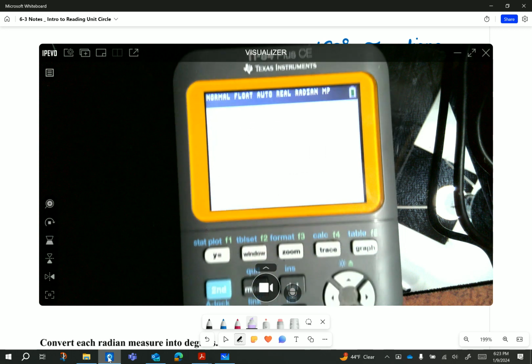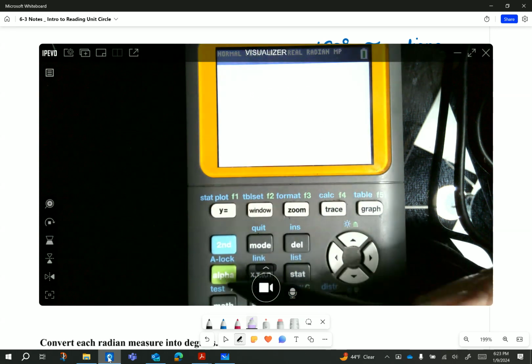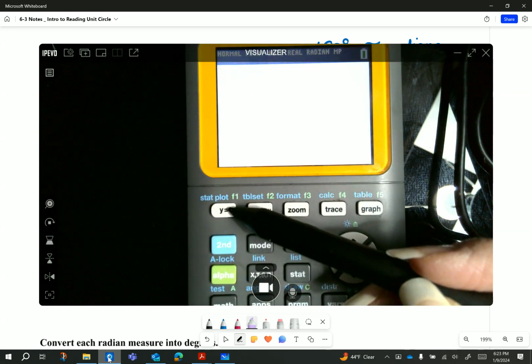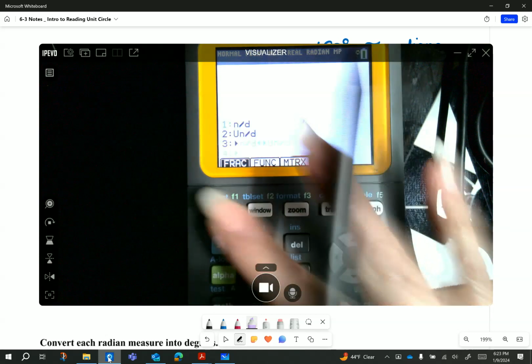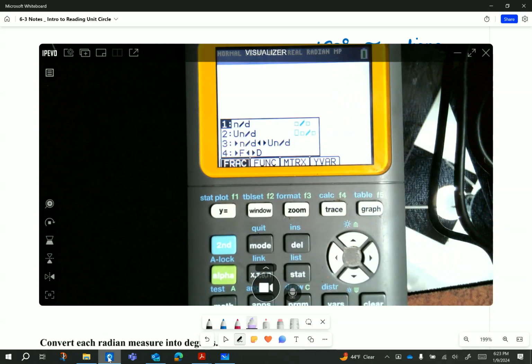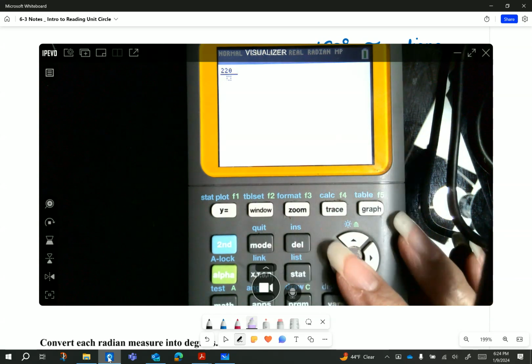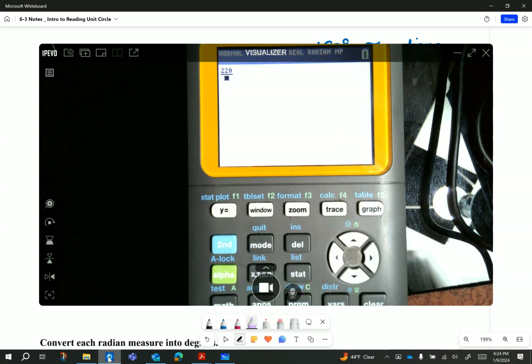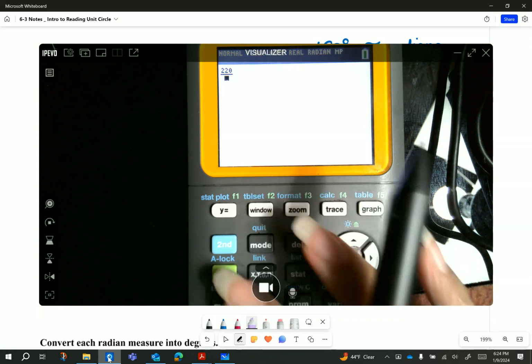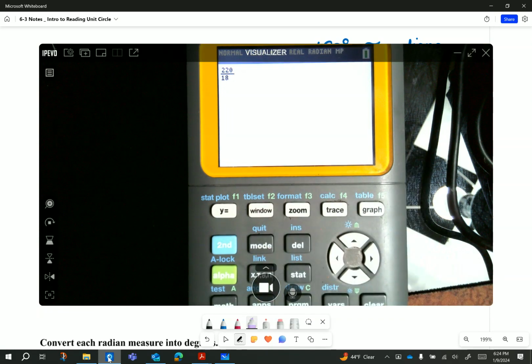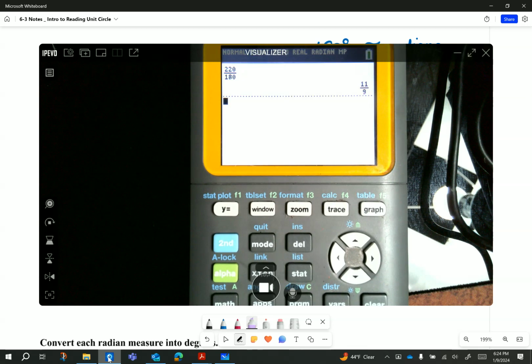So first of all, you're going to press alpha y equals, and then hit enter, and it's going to create a fraction, okay? You're going to type 220. Treat pi as a variable, so do not put it into the calculator, even though pi is just 3.14. And now type 180. When you type it out and hit enter, you are going to get the reduced fraction.